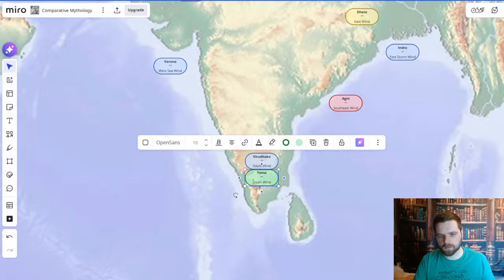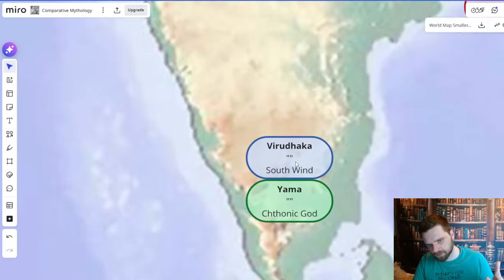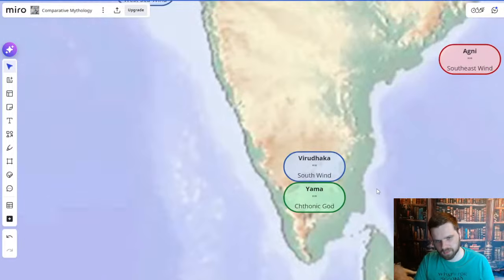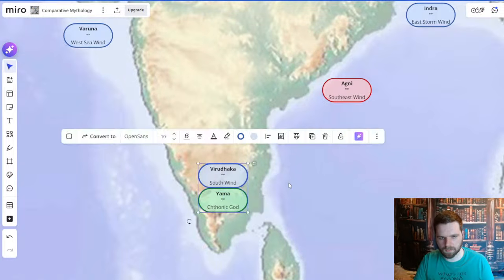Another reason I'm doing green is because the green man is like the dead king or the dying god of the underworld. Osiris is also green-skinned. There's a global motif of the green man being a chthonic deity. And it makes a lot of sense that Virudhaka, who is essentially a green man, would be in the same direction as Yama.